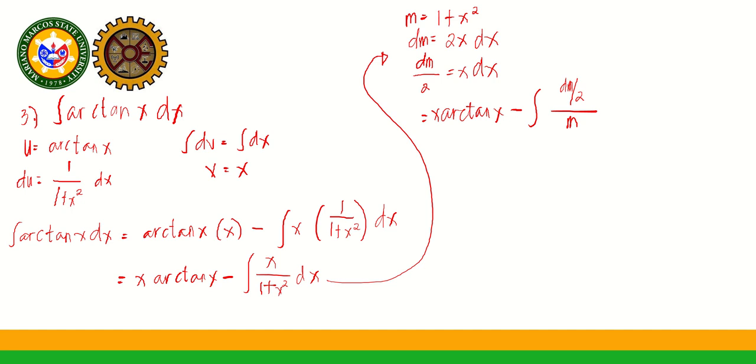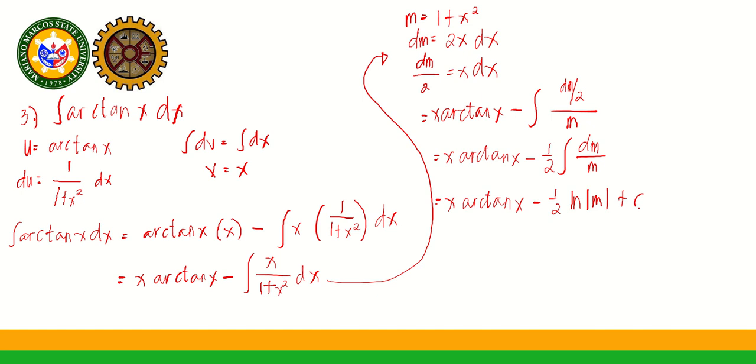Tama. And then we can isolate si constant. This will be equal to x arctan x minus 1/2 integral of dm over m. So this is just like du over u. And the integral of dm over m is equal to ln m. Okay? So this is x arctan x minus 1/2 ln of m plus c.